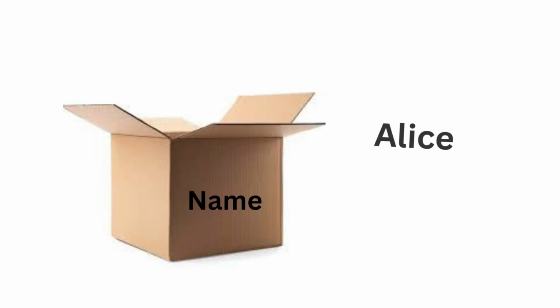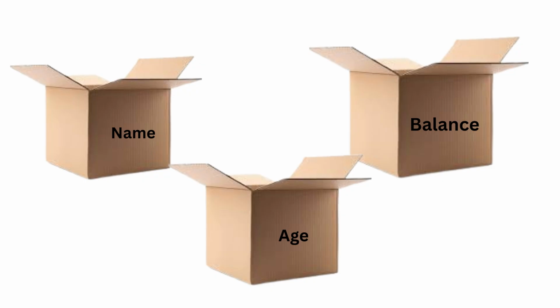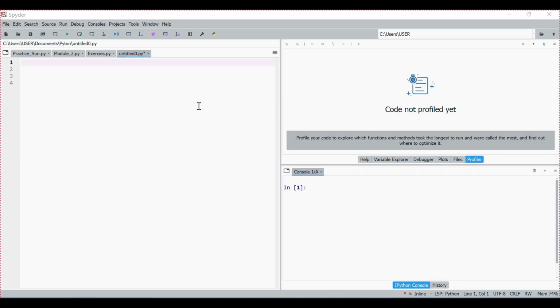For example, in real life, you might have a box labeled name with your name inside, a box labeled age with your age inside, a box labeled bank balance with how much you have. In Python, we create all these boxes, give them names, and store values inside them. Let me show you how.